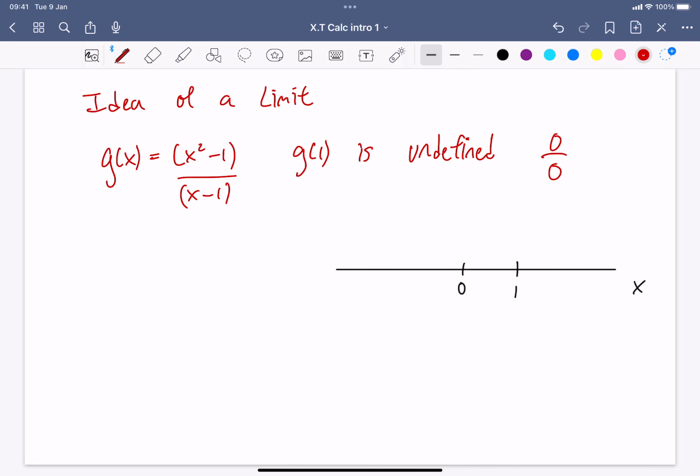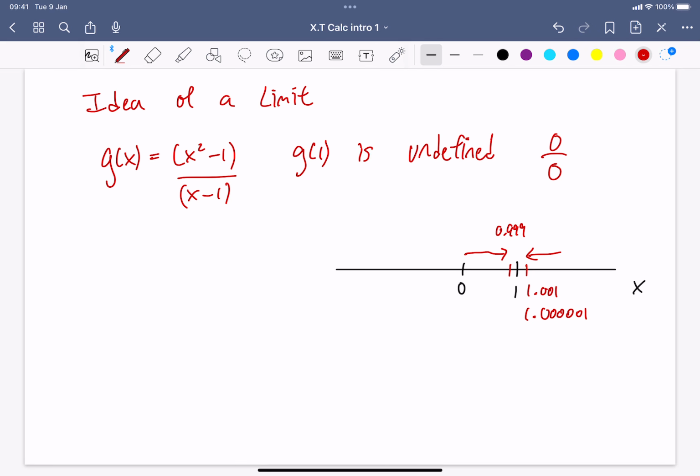But what happens when we approach 1 from both the left and right side? What if we use something like 0.999 from the left-hand side, or from the right-hand side, 1.001 or 1.000001? We're not at 1, but we're really close to 1.